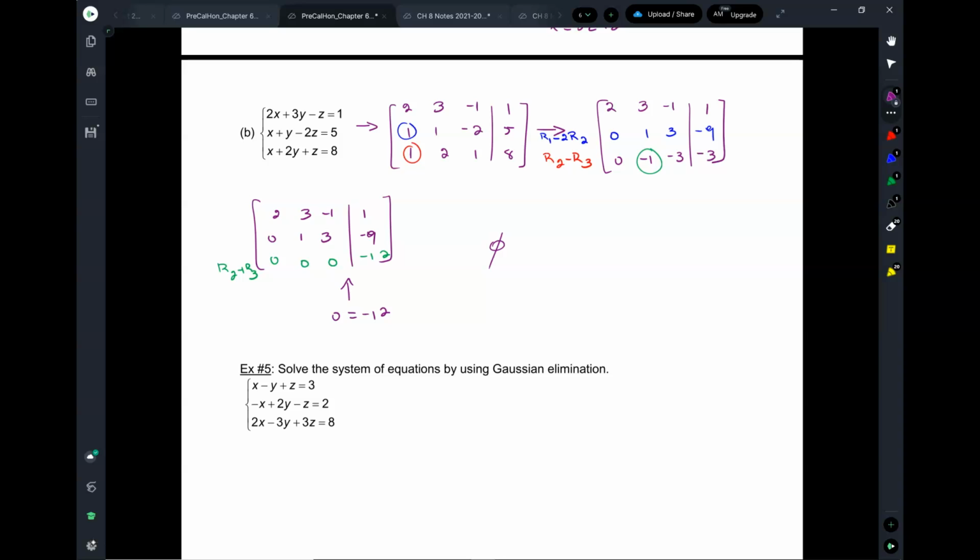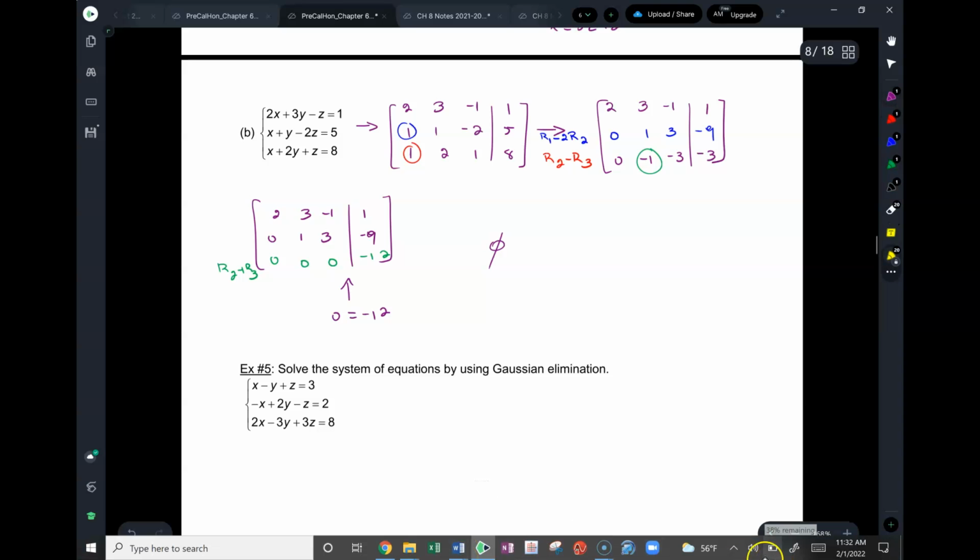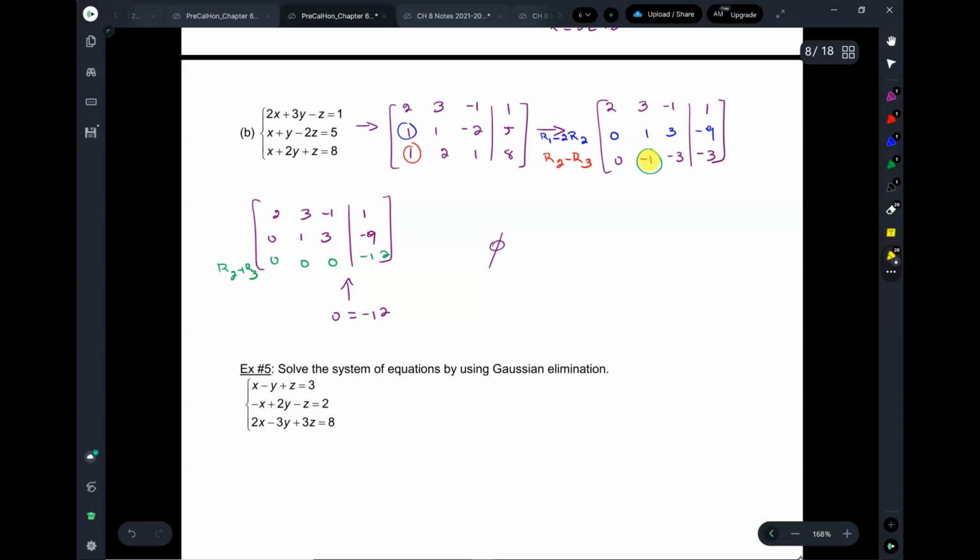Okay. We're good? Now, let me tell you something else. Suppose you're at the second to the last step here and you want to get rid of that negative 1.